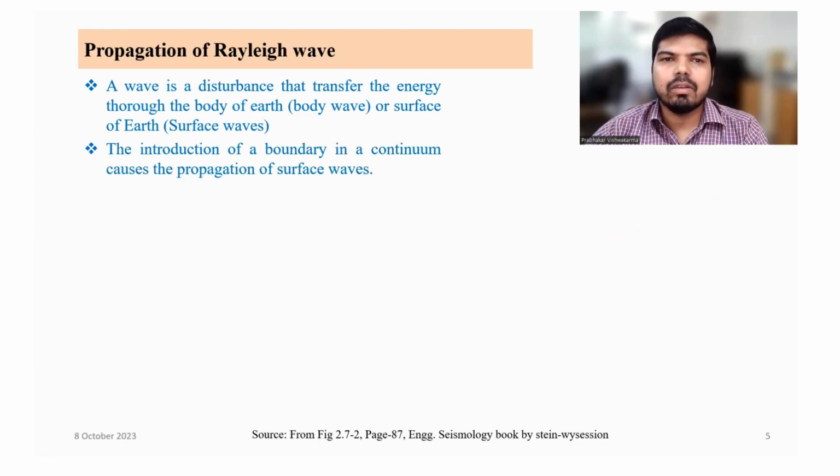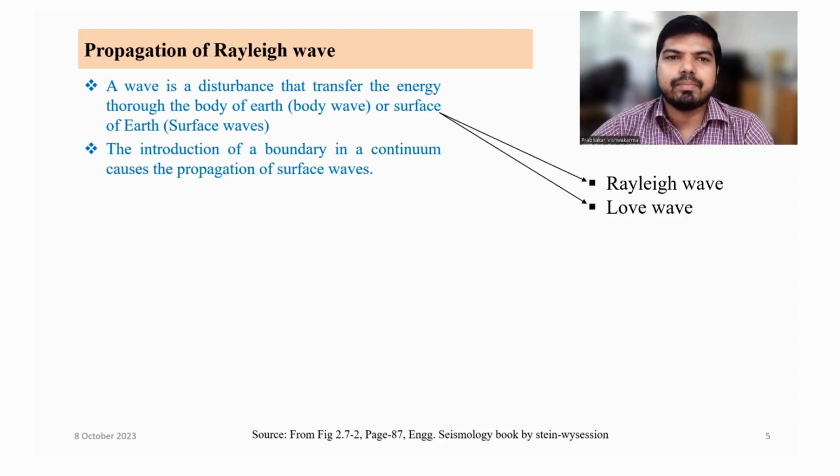If you consider a huge mass of Earth and assume it is homogeneous, and you place a boundary in between the homogeneous mass, then your energy will propagate or transfer along this boundary. So the introduction of a boundary in a continuum causes the propagation of the surface wave.